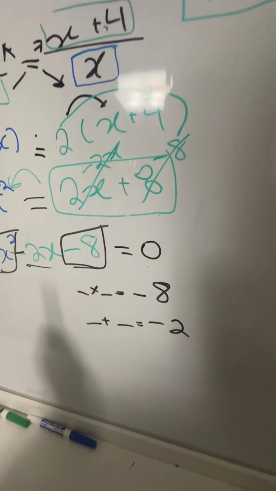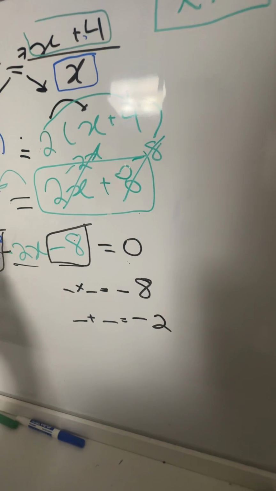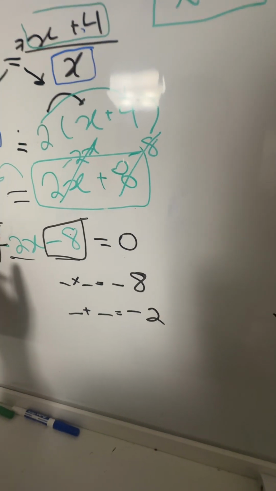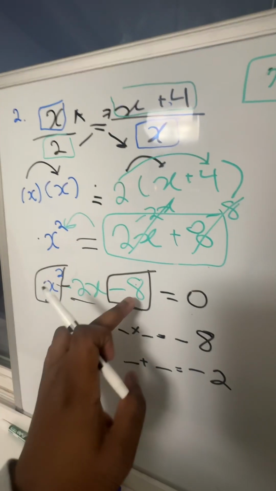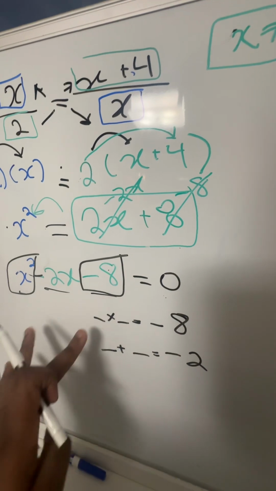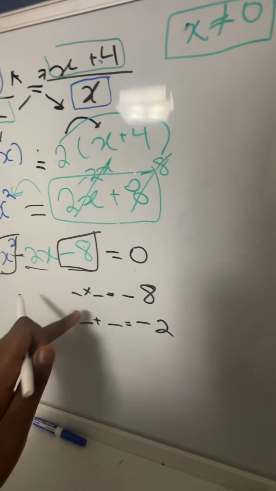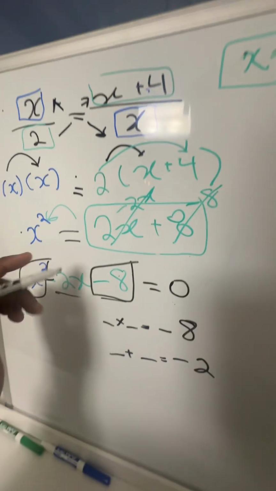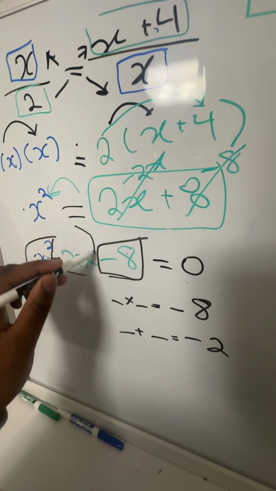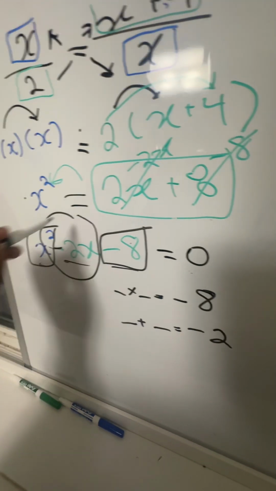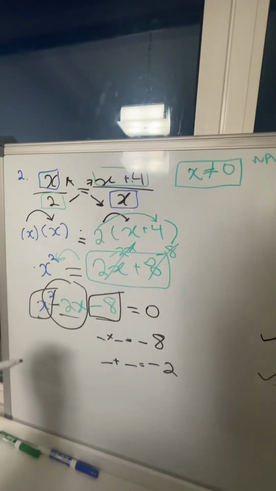So when you're doing sum product, you multiply this by this. So 1 times -8 is -8. So what times what multiplies to this, and then what plus what adds to your inside value of -2. So for a lot of people, they just do guess and check, or they do like this and that.